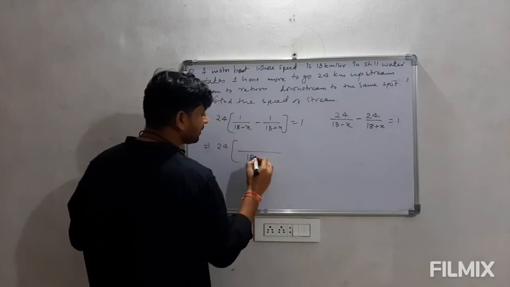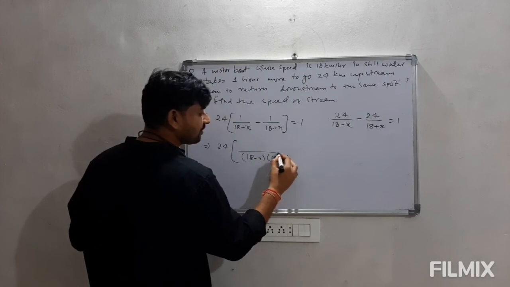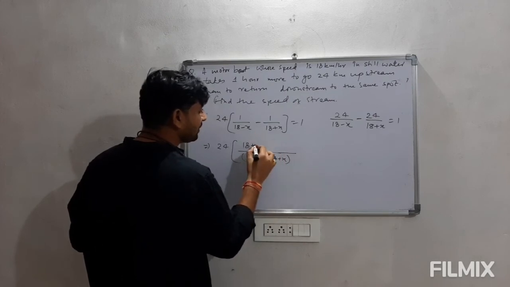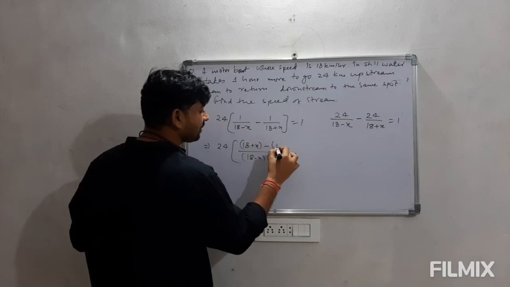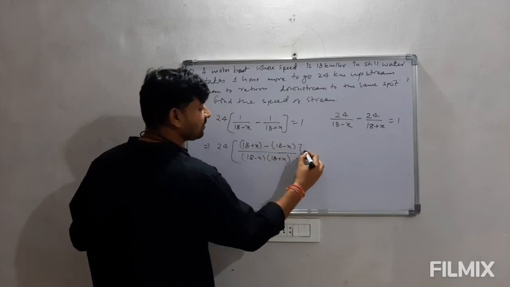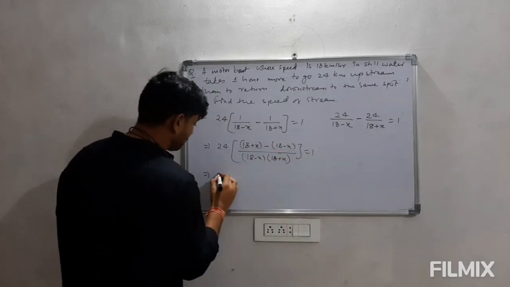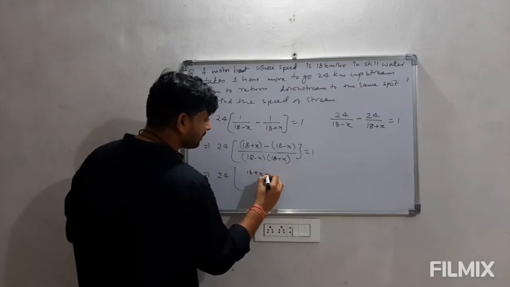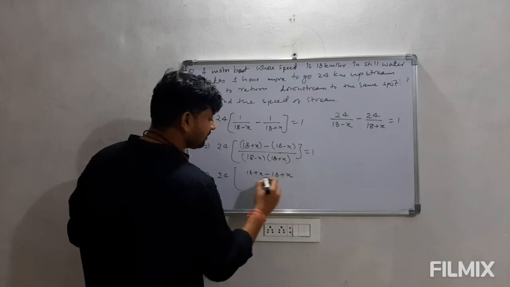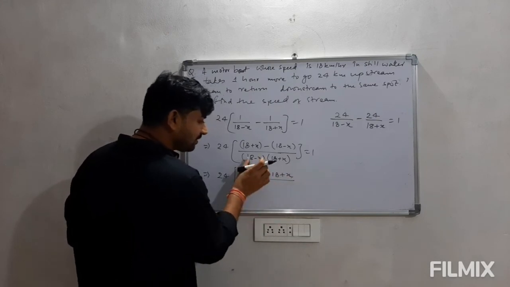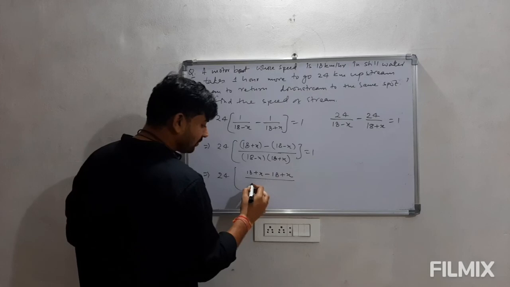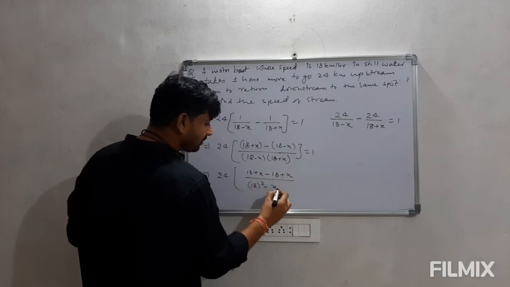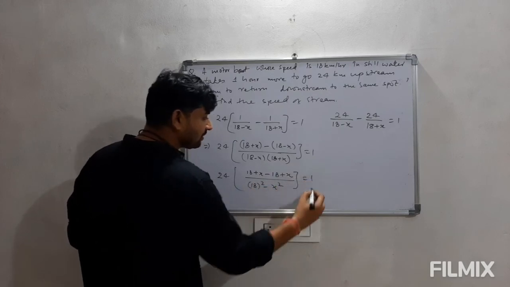So we are getting 18 minus x into 18 plus x in the denominator, and in the numerator we will get 18 plus x minus 18 plus x, this is equal to 1, with 24 multiplied. Here it is 18 minus x, 18 plus x, so we can use a square minus b square.